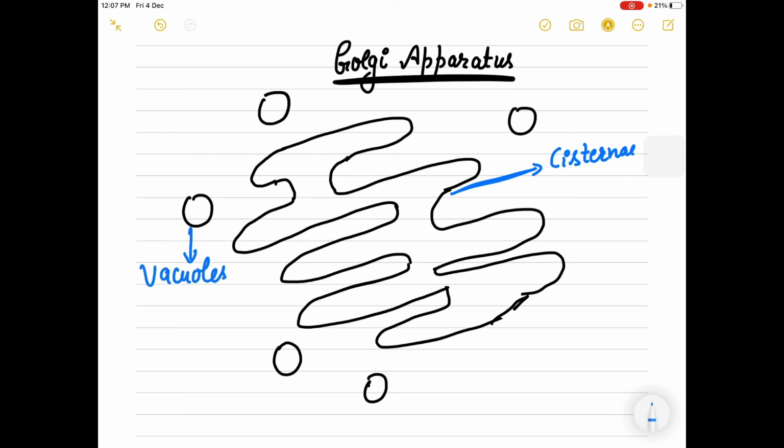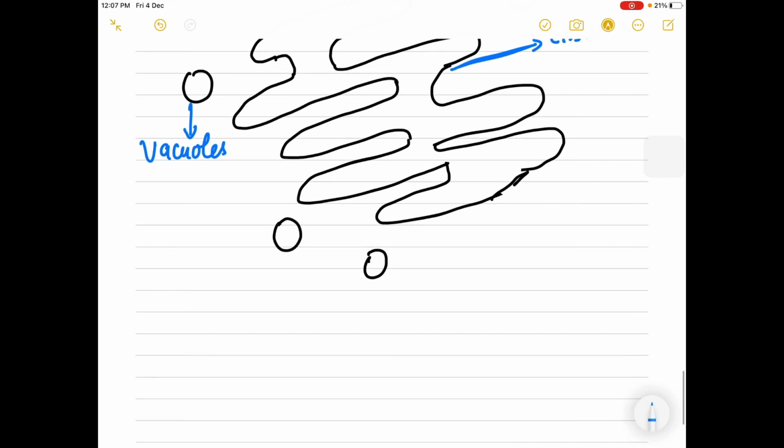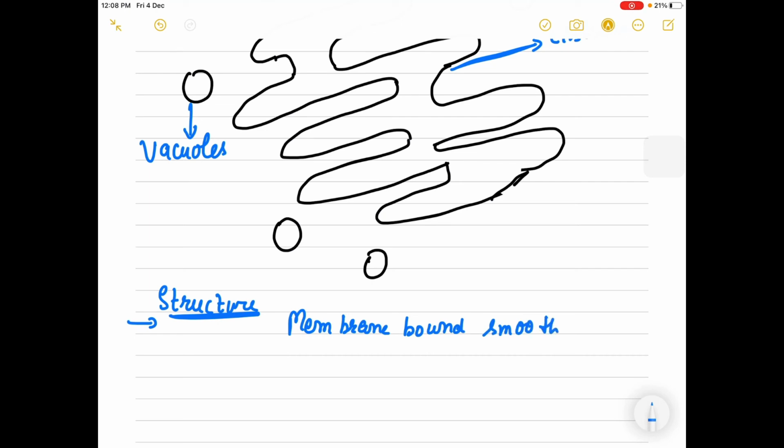These are our vacuoles. Now if we talk about the structure of Golgi apparatus, it is a membrane bound organelle, again very close to the nucleus, smooth. If you look at its structure, flat है, flattened cisternae. These cisternae are flattened.